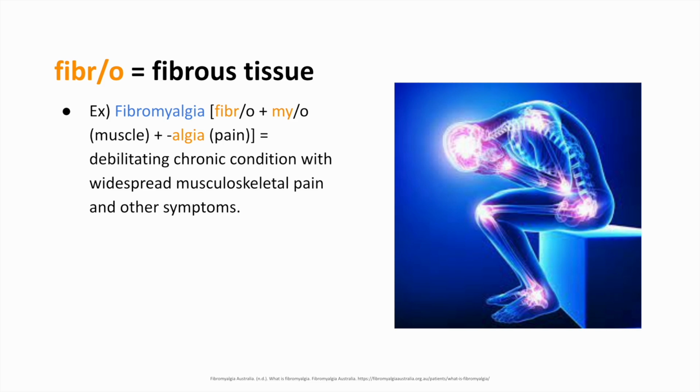So fibromyalgia is a debilitating chronic condition with widespread musculoskeletal pain and other symptoms. Here, fibro doesn't really come into its meaning, but it basically means the musculoskeletal muscles are giving some pain, as you can see in the diagram, in all the parts that are pink.